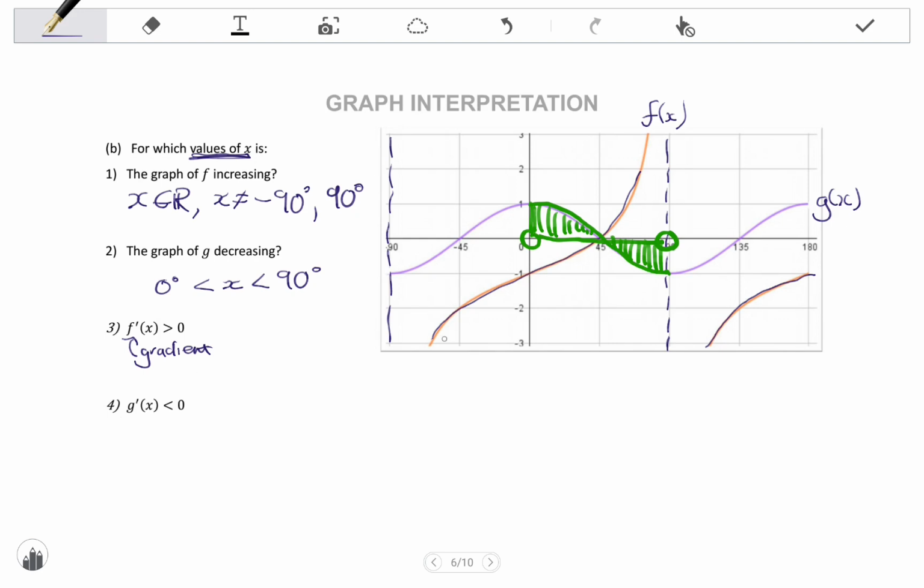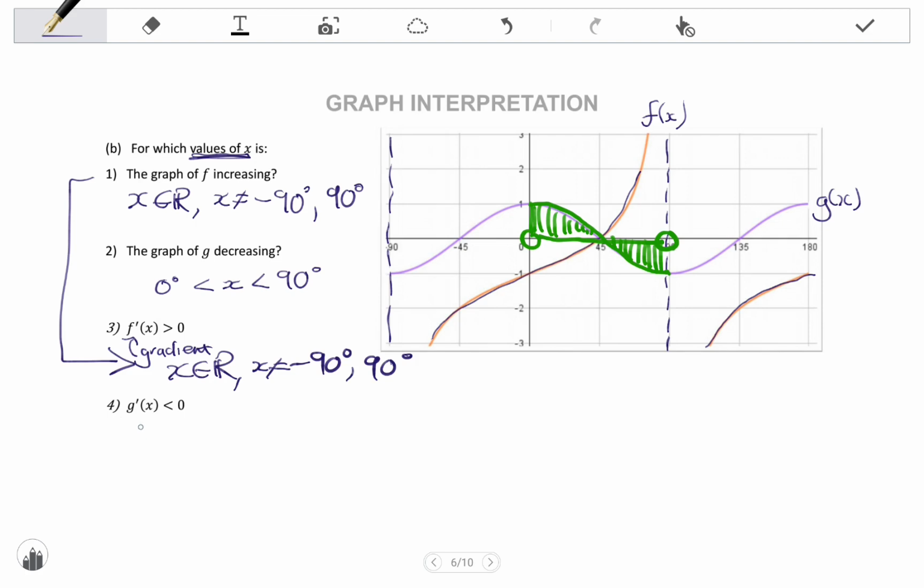So where is the graph increasing for f of x? We had answered that question in number 1. So it's increasing everywhere except at the asymptotes, which were at -90 degrees and 90 degrees.